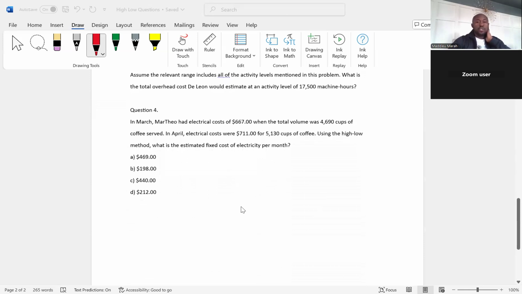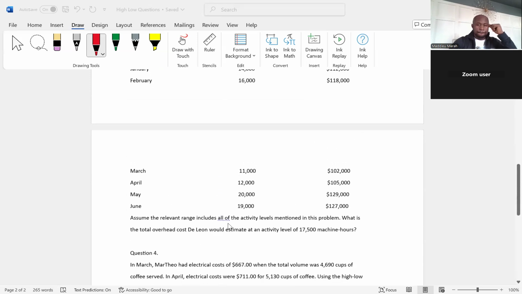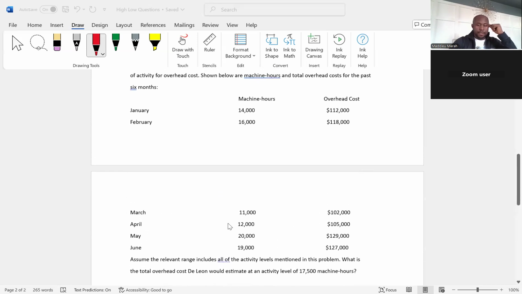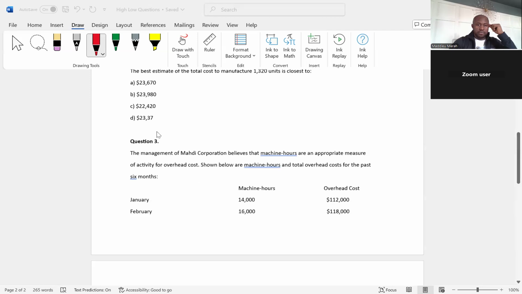And then the last one, question 4. We are asked, what is the estimated fixed cost of electricity per month? So you can pause the screen, try the question on your own, and follow my solution. Yeah, so this is question 3.